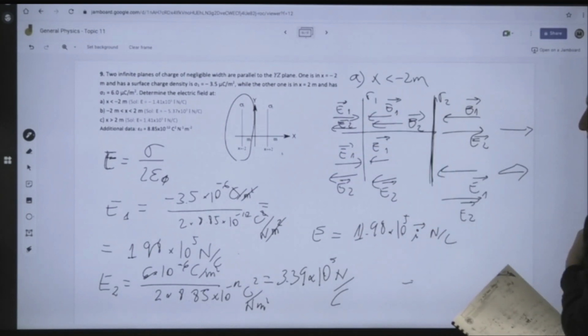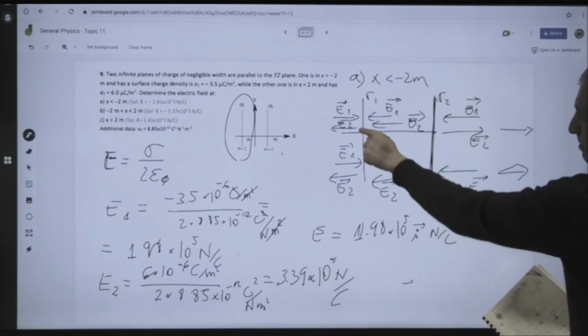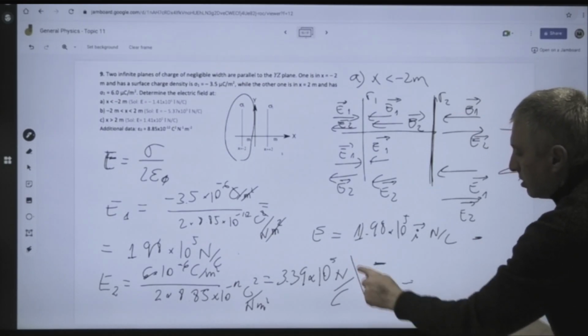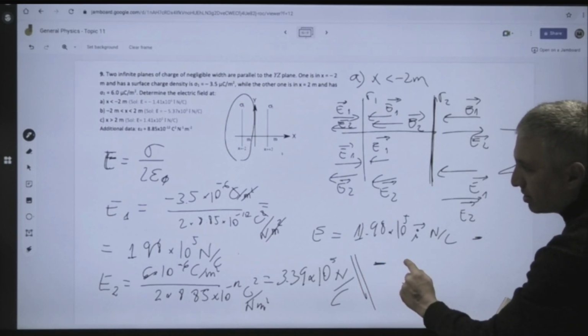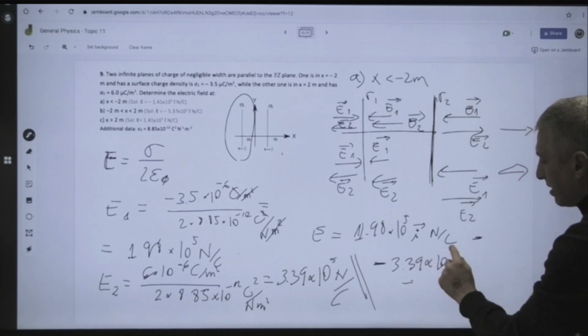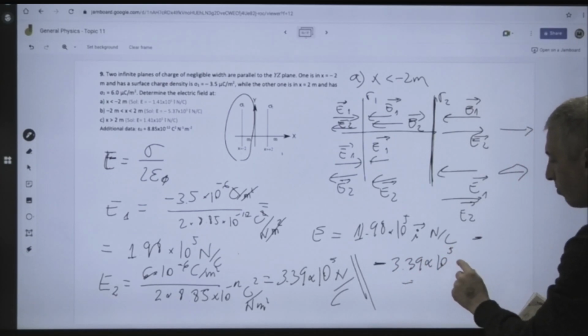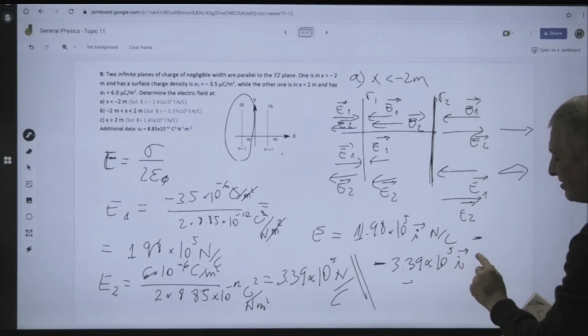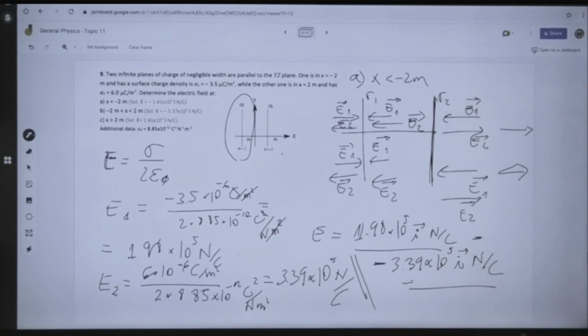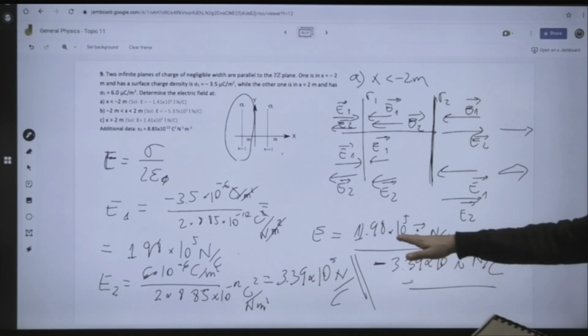It's pointing to the right, and the E2 is negative, so that will be minus, let me make the marks here just to make clear, 3.39 10 to the 5 i Newton divided by Coulomb. So that will be the first electric field, so it will be the sum of the two.